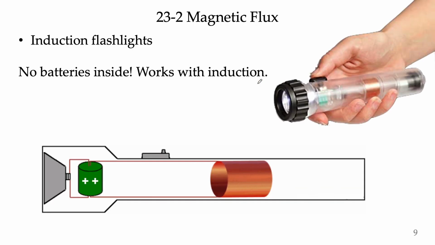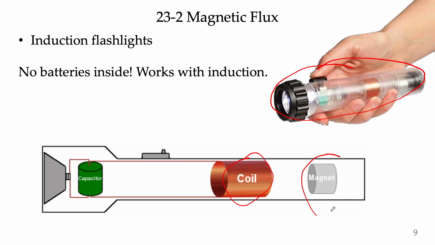So do we have anything that works on this principle? Yes. If you have seen one of these induction flashlights, they actually don't have any battery inside. What they have is a coil like this, and a magnet like this. So what happens is you shake it, and when you shake it, this magnet goes left and right.